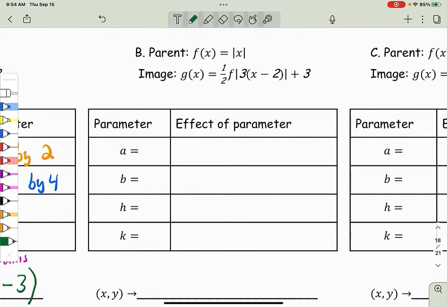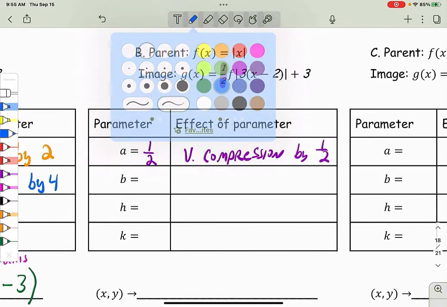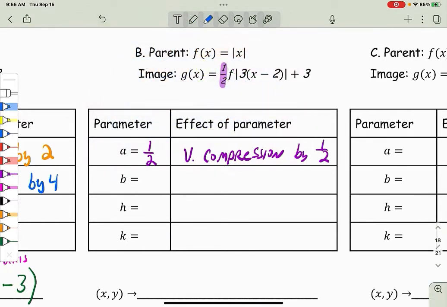So notice we have vertical compression, which is at 1/2. So that's going to be a vertical compression by 1/2. I have horizontal. So notice my horizontal is 3, which means that my b value is actually 1/3, which is going to be a horizontal shrink, or you can say it's also a horizontal compression by 1/3.